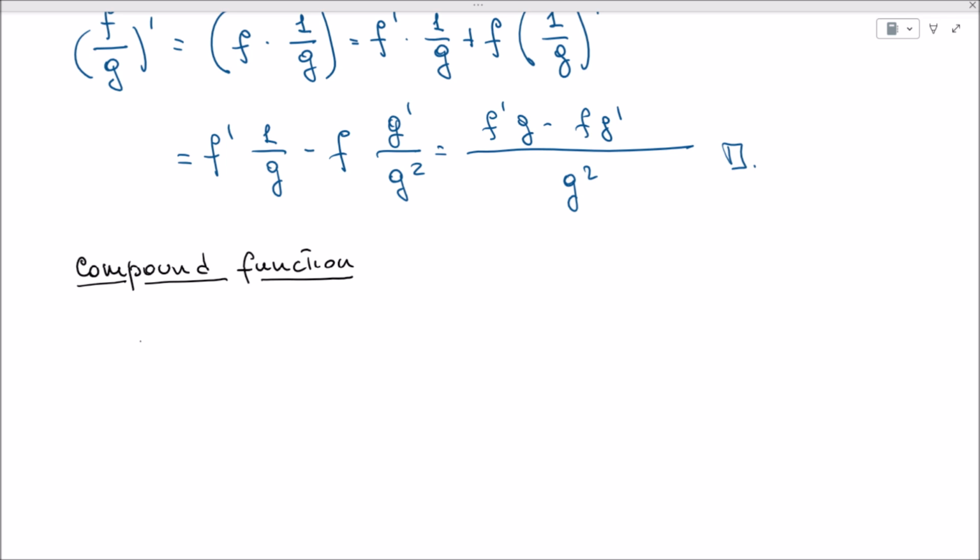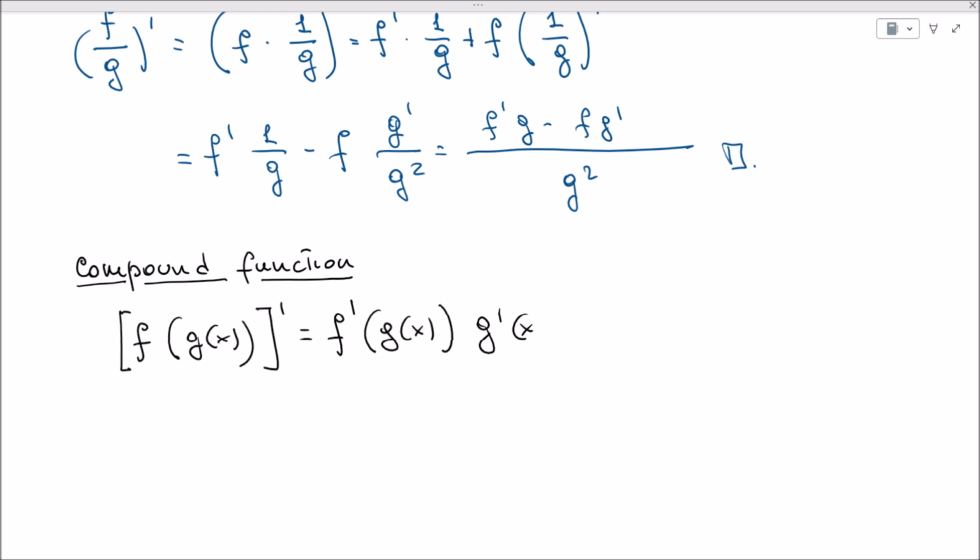For example, if we have f of g of x, so we are using two functions, f of x and g of x, and we are using g of x as the argument of f. So this gives rise to a compound function, and the theorem says that the derivative of this compound function is equal to f prime evaluated at g of x times g prime of x. We will be using this theorem without giving a proof now. We will prove it later.